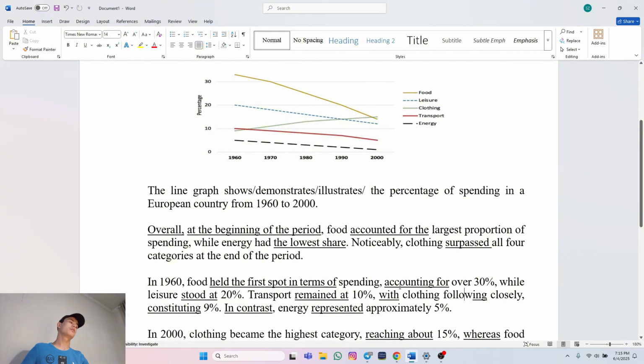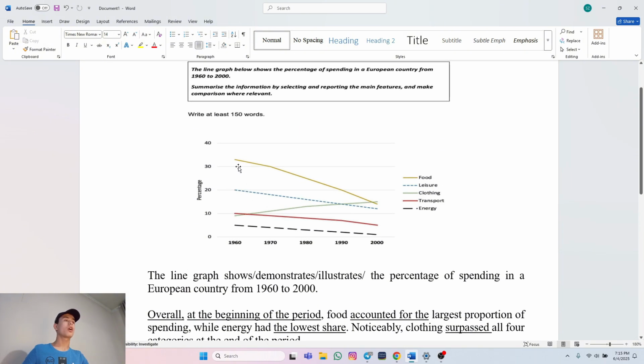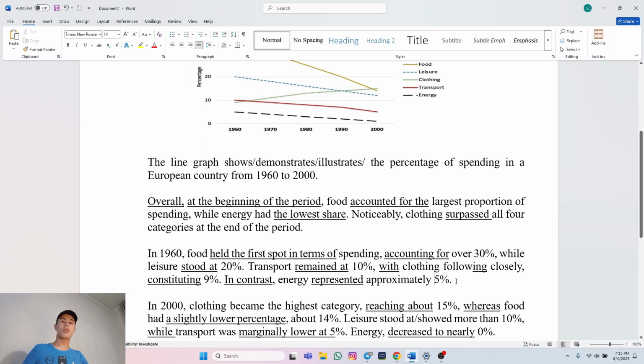Okay, the reason why I made this underline is that "accounting for" means that with this phrase you can show the percentage your category, or the category you are describing, stood at. Okay, I think you are understanding me.